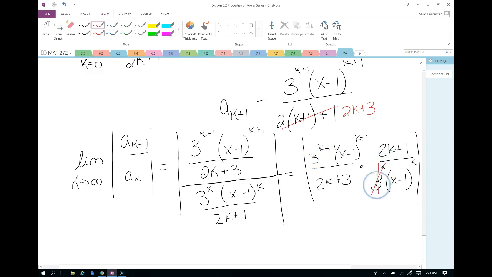Now it doesn't matter what k is. The numerator is always going to have one more. So we can cancel off all of those 3's from the denominator and just be left with 1 in the numerator. And the same thing goes for the x minus 1's. In the top I've got k plus 1 of them. In the bottom I just have k. So no matter what k is, the top is always going to have one more.